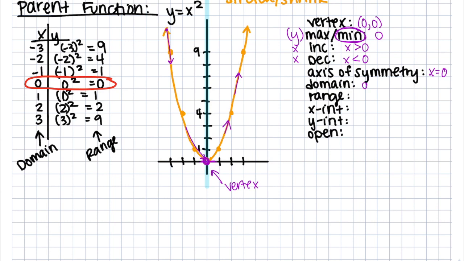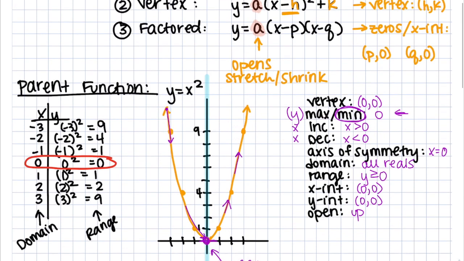Our domain is all reals, all the time. Our range, our y values, are greater than or equal to that minimum value right here. The x-intercept is (0, 0). The y-intercept is also (0, 0). We could have more than one for that, but we're not guaranteed. And this one opens up. Those are all the properties. Let me know if you have any questions.